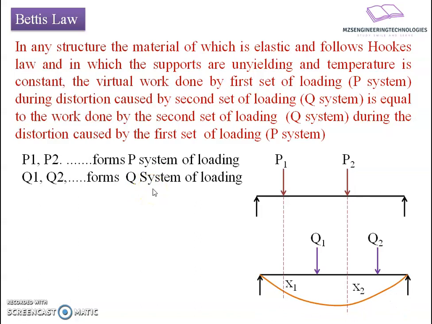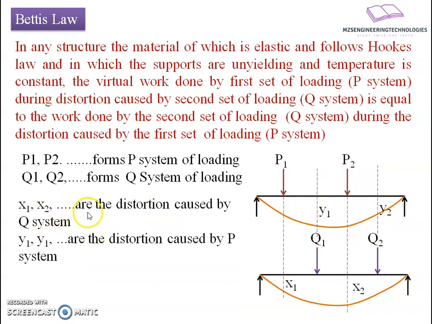Let us consider the distortion caused by these forces. The Q1 and Q2 set of forces is going to cause distortions x1 and x2, whereas P1 and P2 forces are going to cause distortions y1 and y2. So x1 and x2 are the distortions caused by the Q system, and y1 and y2 are the distortions caused by the P system.